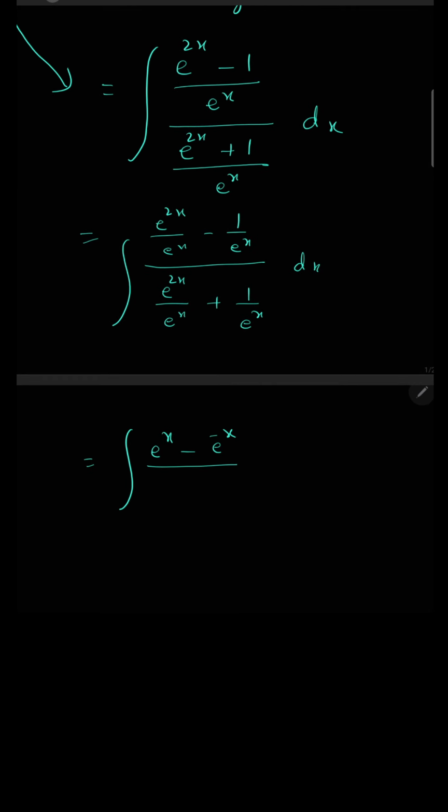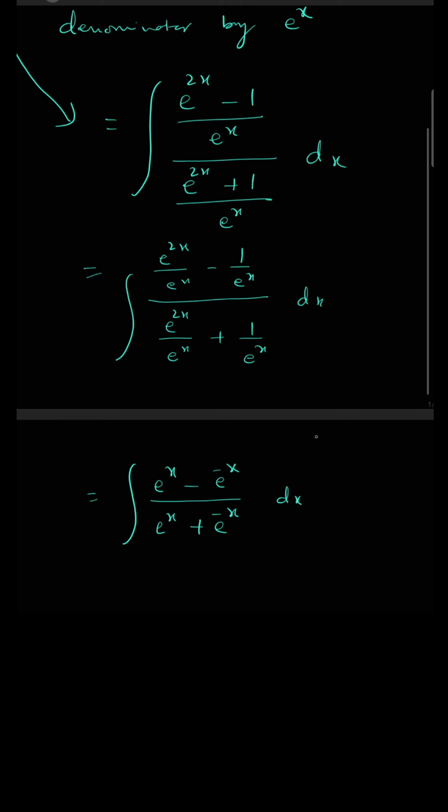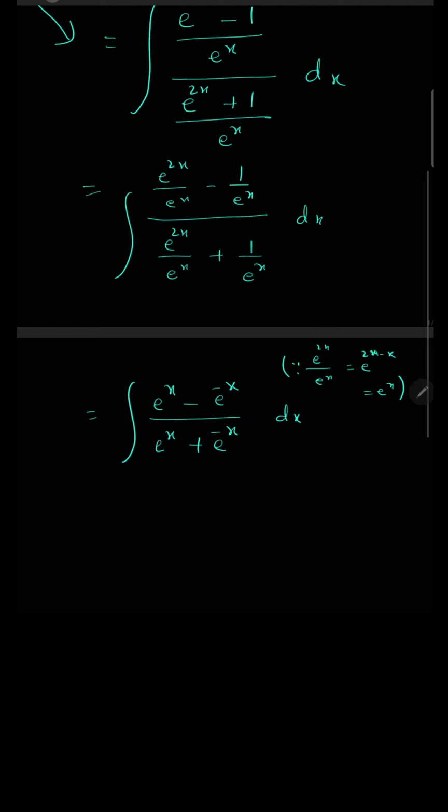Same way in the denominator, e power 2x by e power x means e power 2x minus x, which is e power x, and 1 by e power x can be written as e power minus x. See, this is the formula we are using: e power 2x by e power x means e power 2x minus x, and 2x minus x is x. This we are using here.